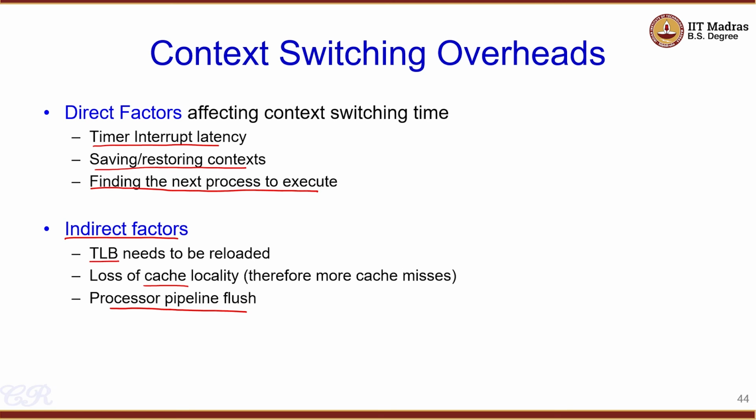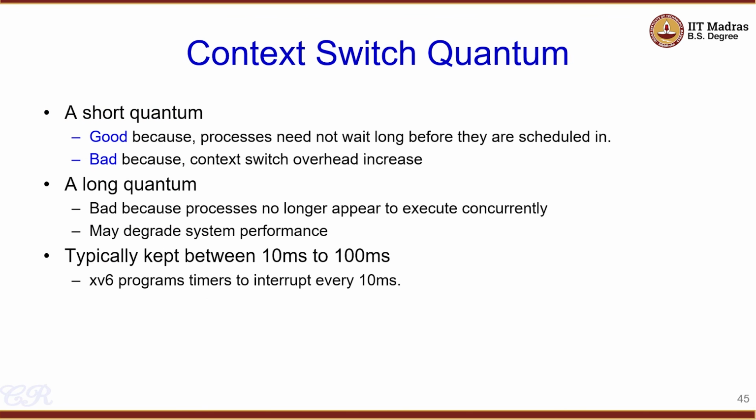So recollect that if the mapping from virtual to physical address is not cached in the TLB, then the processor would need to do multiple accesses, performing page table walks through the level 2, level 1, level 0 page tables before it can identify the corresponding physical address for a virtual address. Now this could take up time as well, right? And therefore, because we are losing locality, there would be a lot of TLB misses affecting the context switch overheads as well.